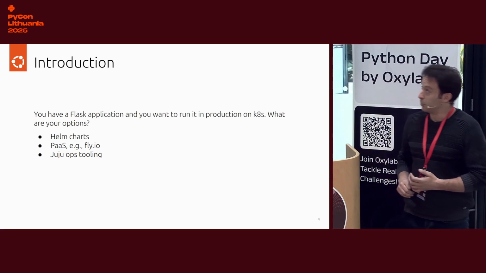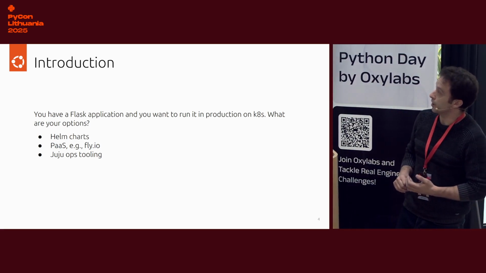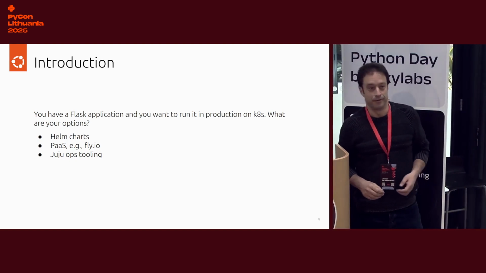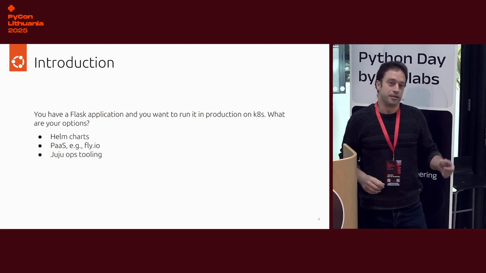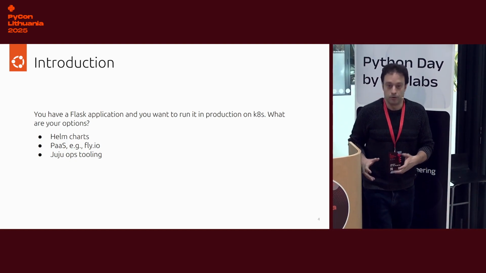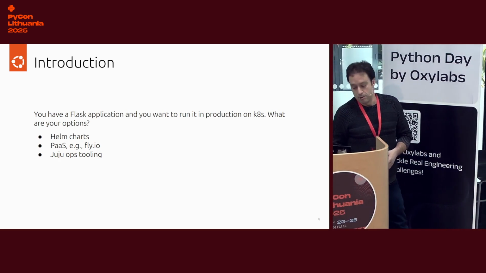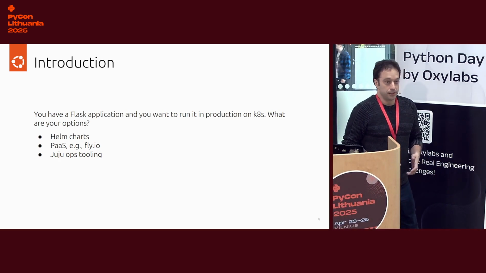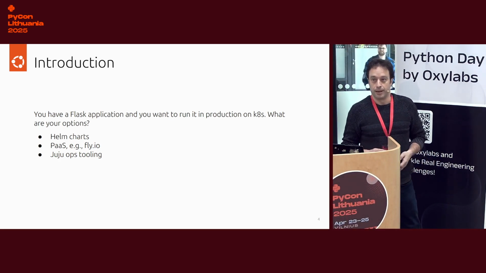You have a Flask application and you want to deploy it in production. What are your options? Well, there are many of them. You can SSH, you can use Ansible or any other tool, or you can go for a containerized way of doing it. You can go the plain Kubernetes way or a bit more adapted like Helm charts.